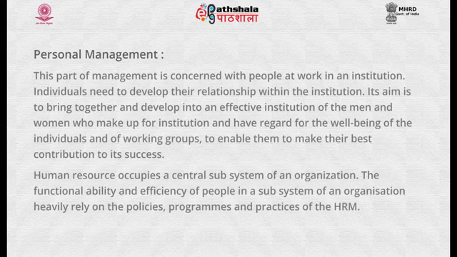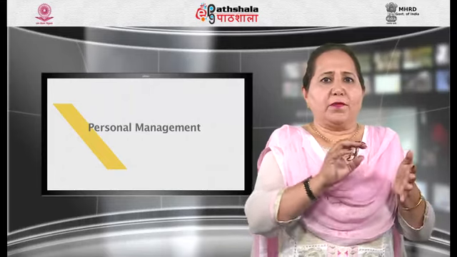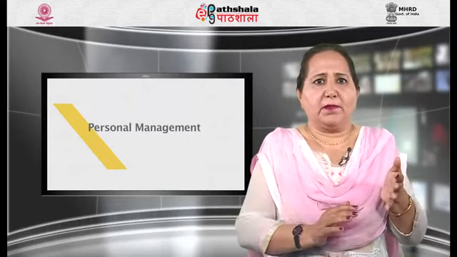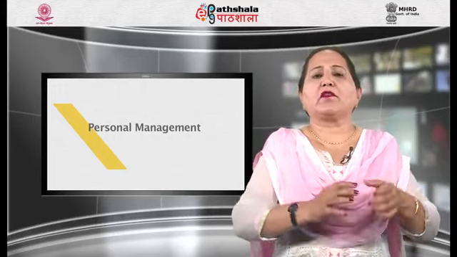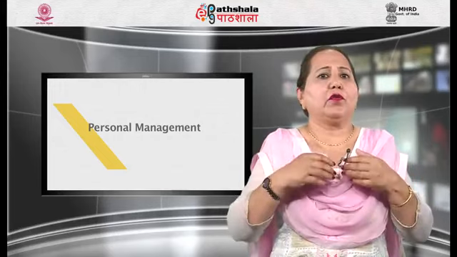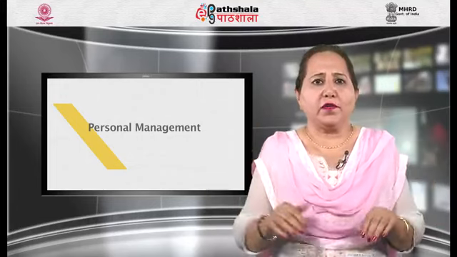Human resource occupies a central position in an organization. The functional ability and efficiency of people in a subsystem of an organization heavily rely on the policies, programs and practices of human resource management. Human resource, being the central subsystem of an organization, interacts closely and continuously with all other subsystems of the organization.